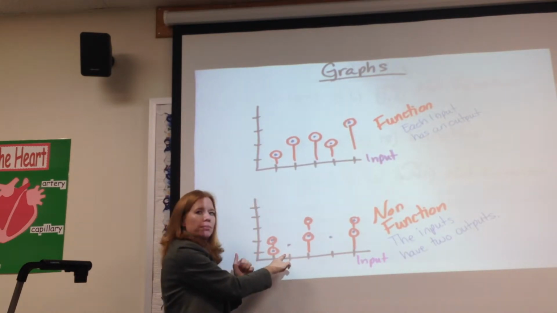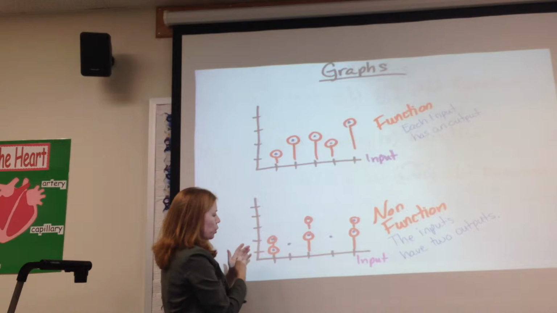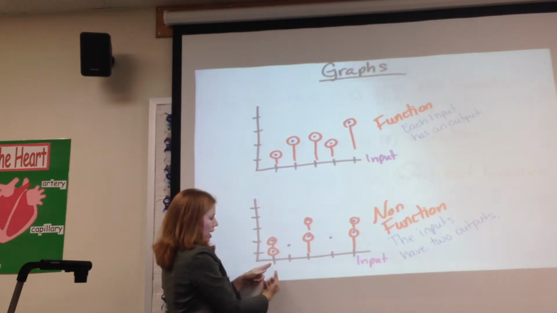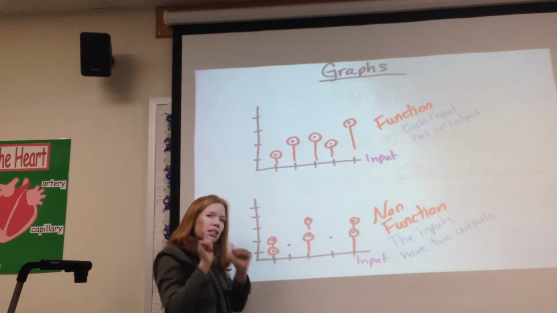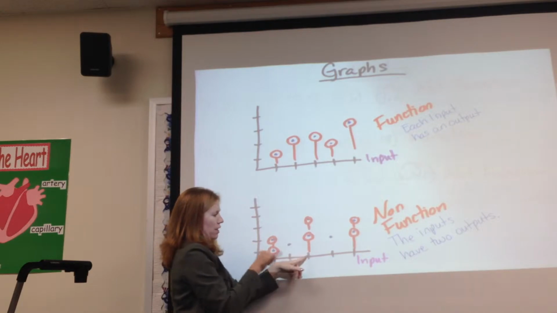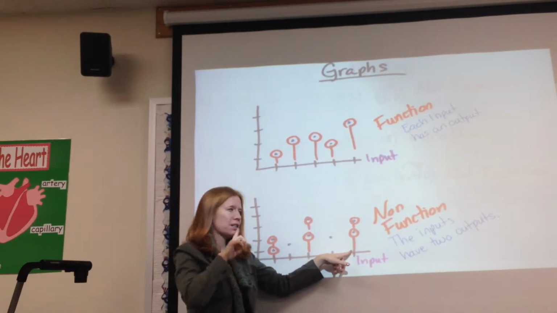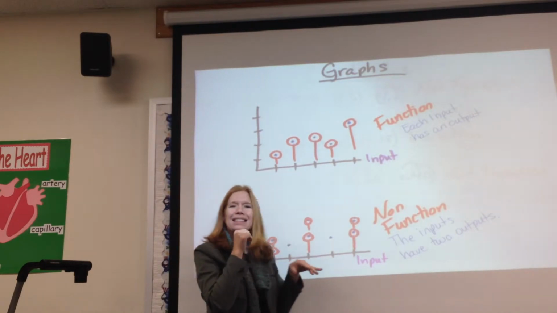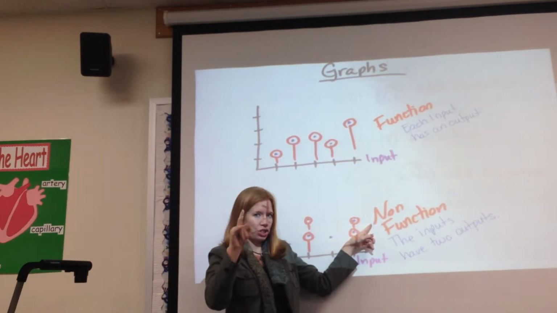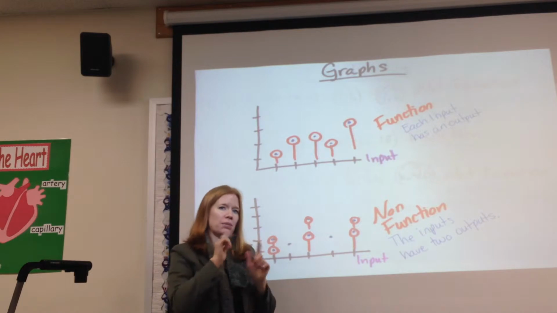This one on the bottom is different. Notice for this first number, 1, I have 2 possible answers. This one has 2 possible answers. This one has 2 possible answers. This is not a function because it has 2 possible answers.